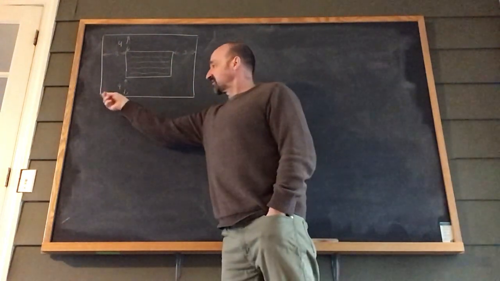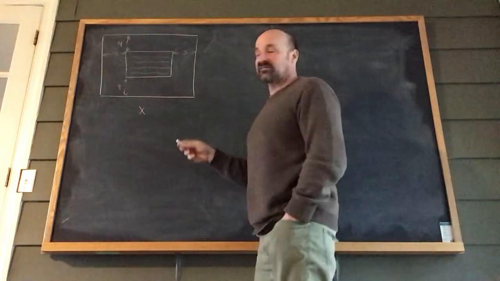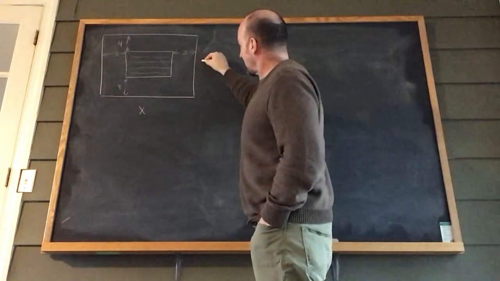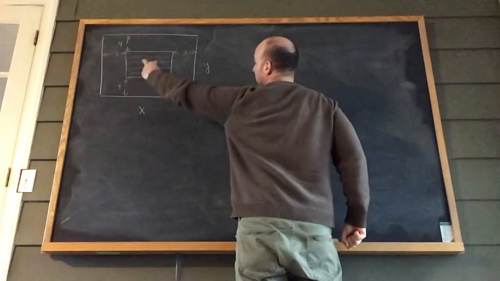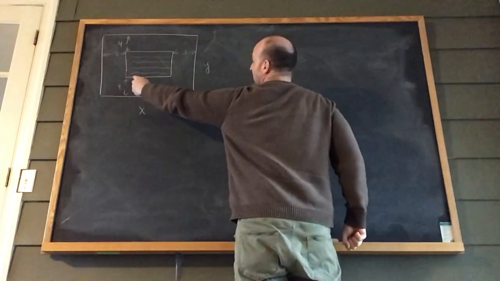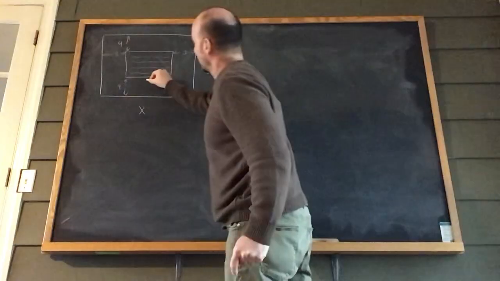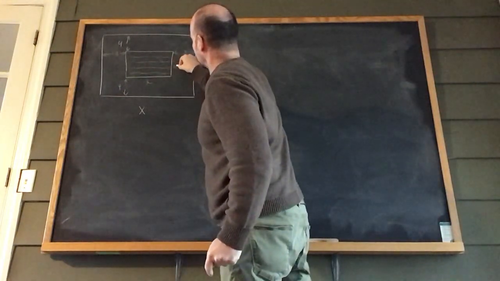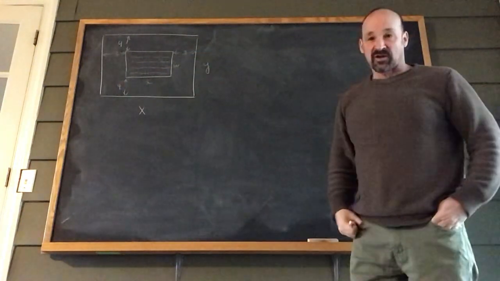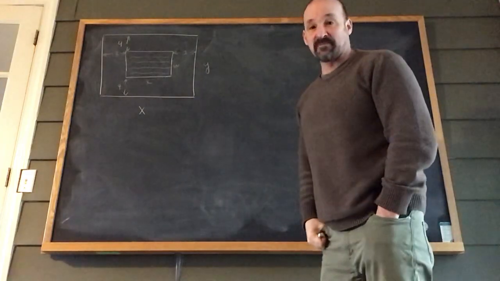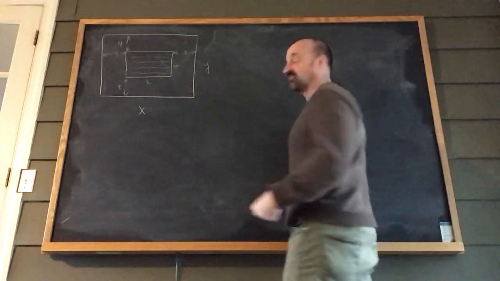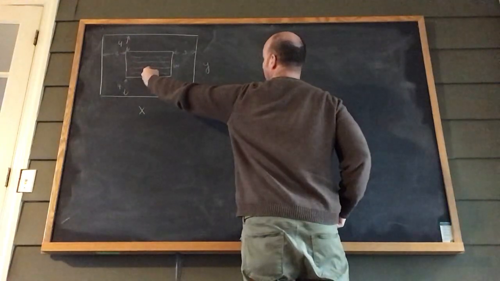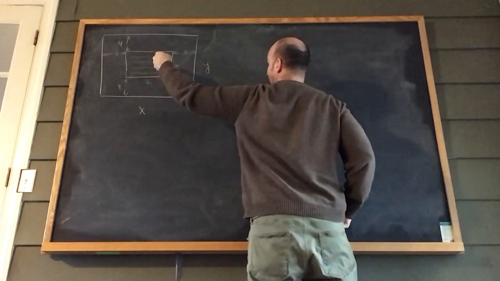So this was labeled as x, so I don't know what this side is, I'll call it y. And we're going to want to come up with the area of this rectangle, so let me label this side L and this side W. Okay, so I've labeled everything in my picture, and now let's come up with an expression that gives the quantity that we're interested in, the area of that rectangle right there.